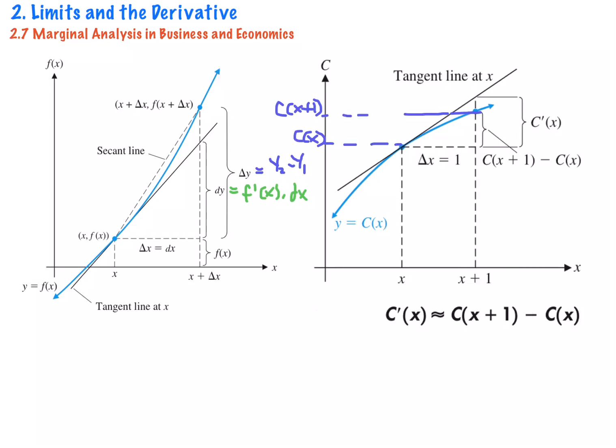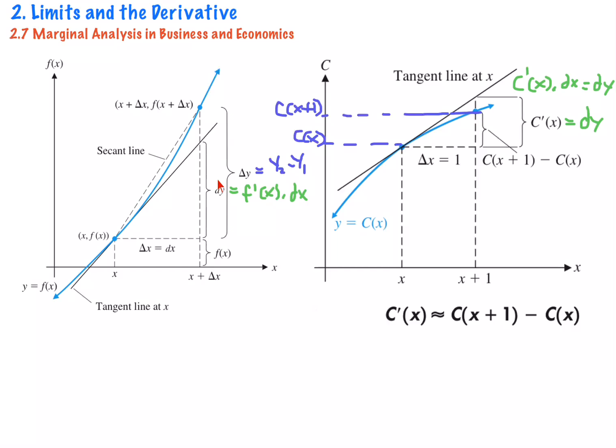So the increment will be equal to c of x plus 1 subtract c of x. On the other hand, to get the differential, dy will be equal to c prime of x times dx, while dx is equal to delta x equal to 1.